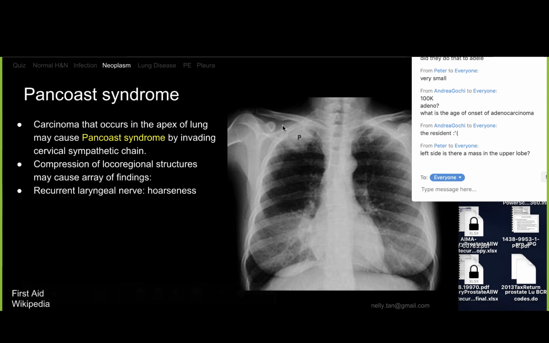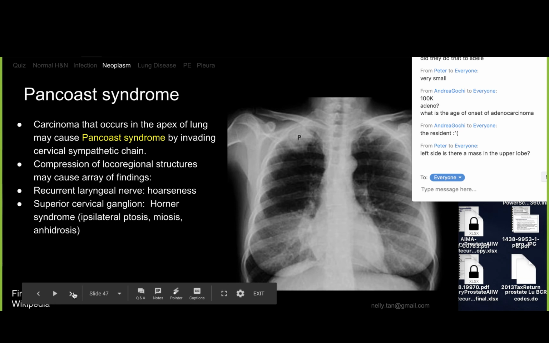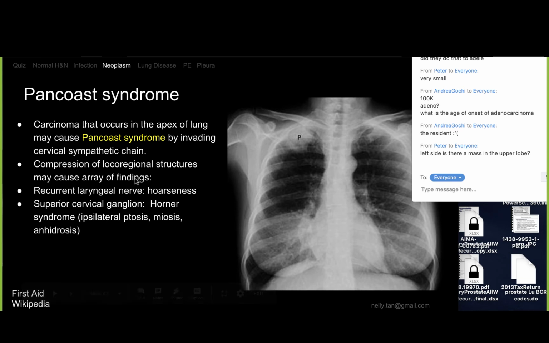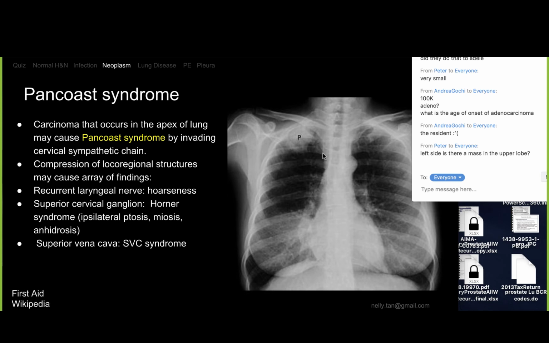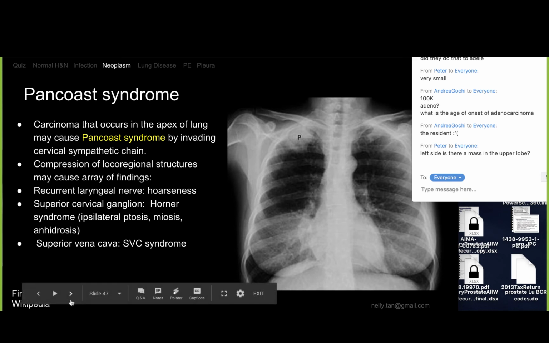Typically, if it's locally invasive, it's going to compress the structures surrounding it, the nerves, so if it involves the superior cervical ganglion, they get Horner syndrome: ipsilateral ptosis, miosis, and anhidrosis. I don't know if anyone has ever actually seen that. Anyways, if it compresses the SVC, which is here, then you can obstruct the venous return and cause SVC syndrome, where you have marked edema.